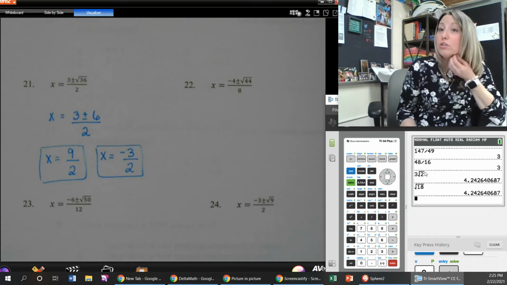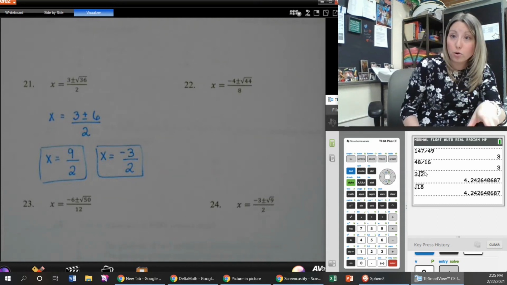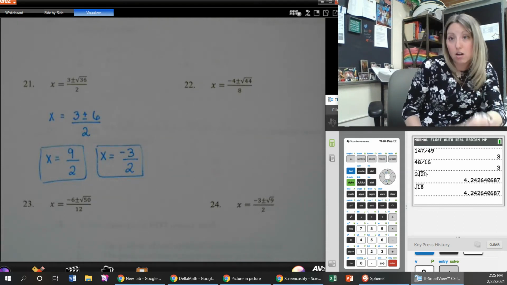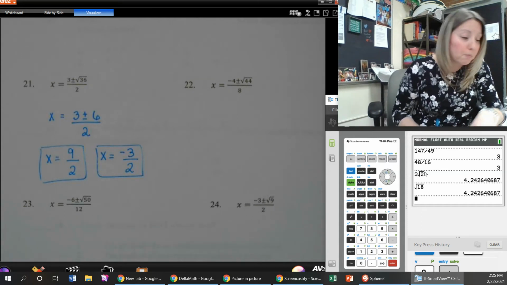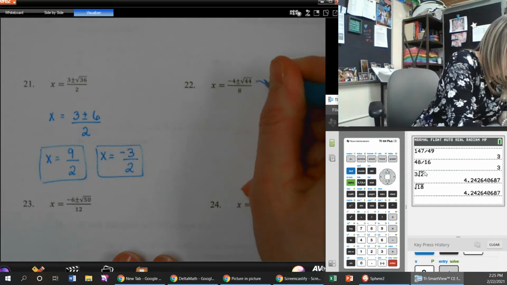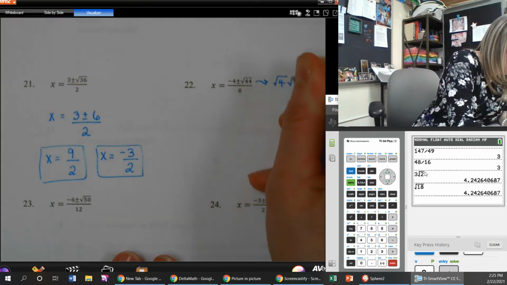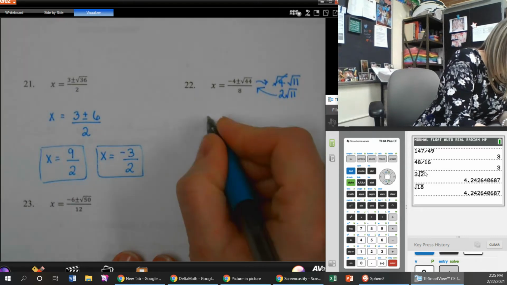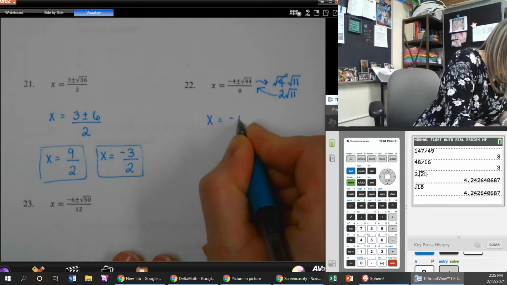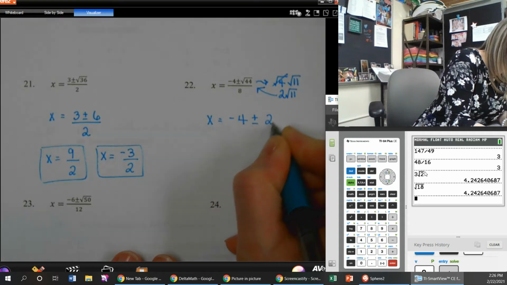Whereas on number 22, radical 44. 44 is not a perfect square, but 44 is evenly divisible by the perfect square 4. So I simplify it into radical 4, radical 11. Square root of 4 is 2. So 2 radical 11 goes back in that place. You get x equals negative 4 plus and minus 2 radical 11 over 8.